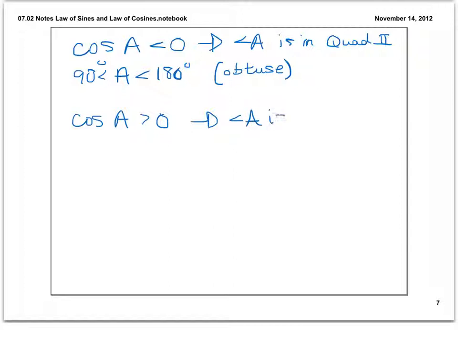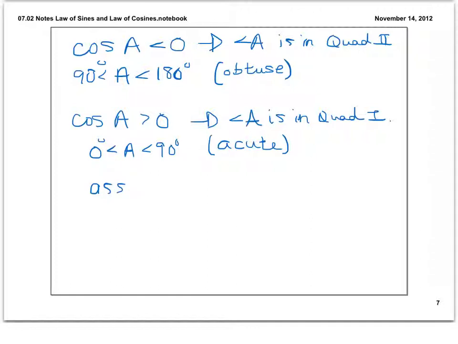then angle A is in quadrant 1, which means that A is between 0 and 90 degrees. Hence, we're working with an acute angle, which lets us know all of our angles are acute. And again, this is assuming that A is the largest angle.